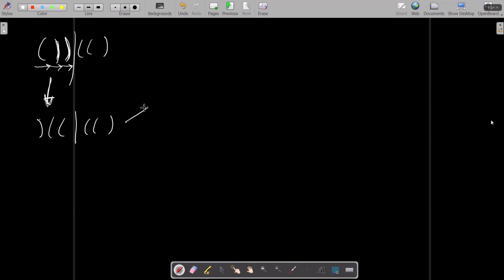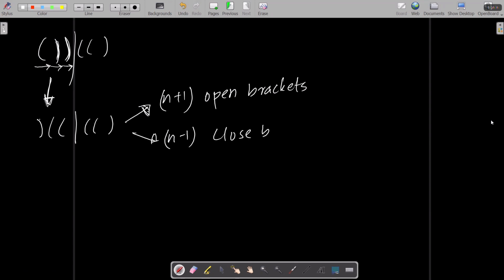So altogether, in the entire bracket sequence, we will have n plus 1 open brackets and n minus 1 close brackets. So this is for an invalid bracket sequence.